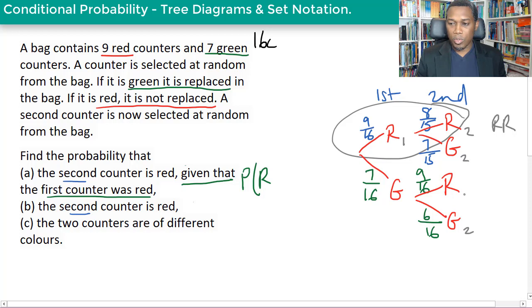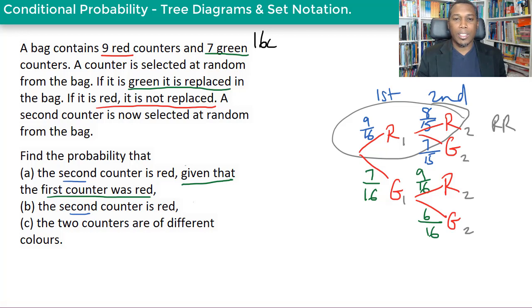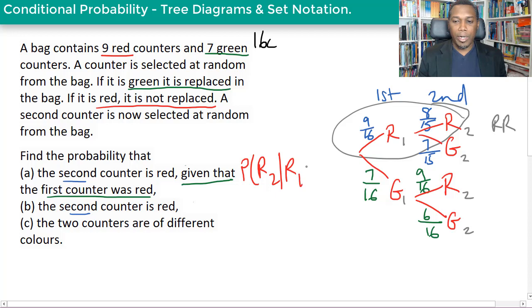We'll just put 2s and 1s, okay? So what we want is the probability of red 2, given that we have red 1. That's what we want. Question is, where is that in the diagram?